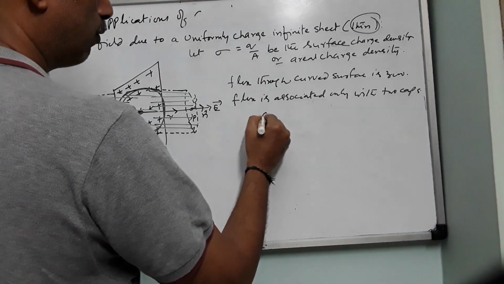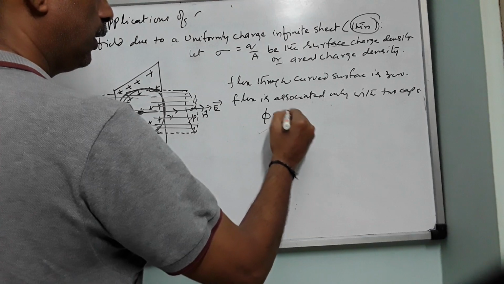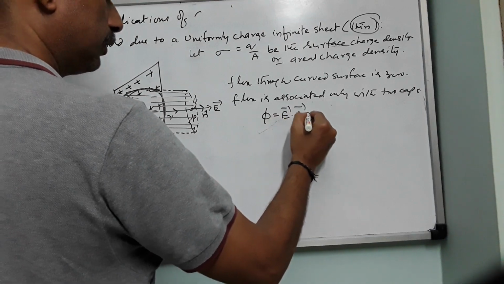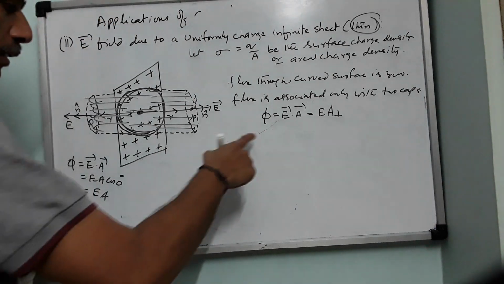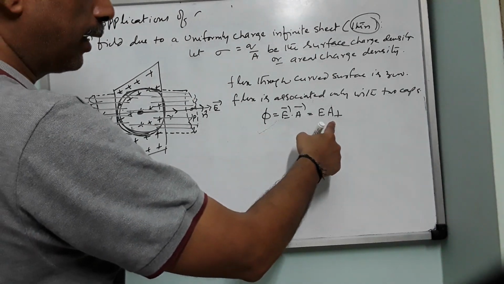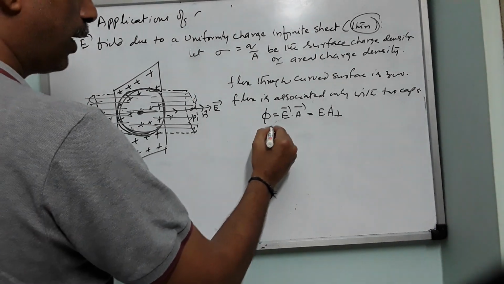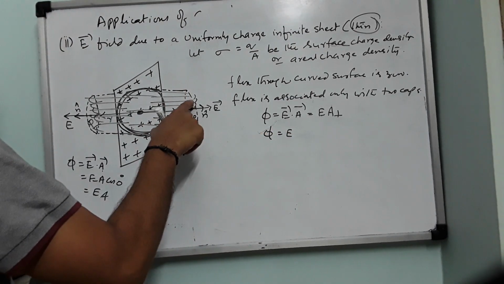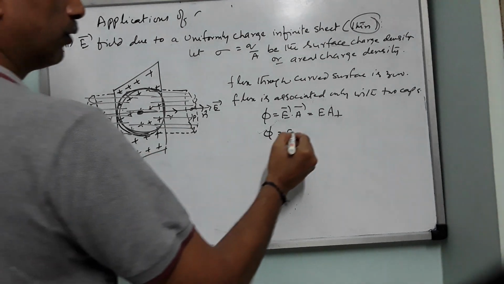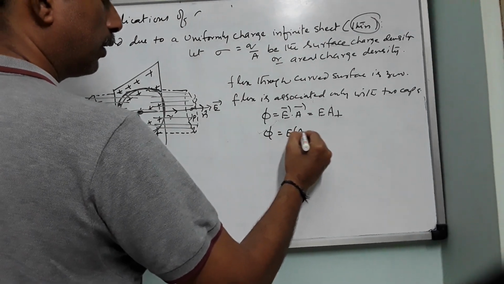So therefore we now use phi equals E dot A, that is nothing but E into A perpendicular, meaning flux is associated with only the perpendicular area. So phi equals E into, the total area is A plus A, which is nothing but 2A.